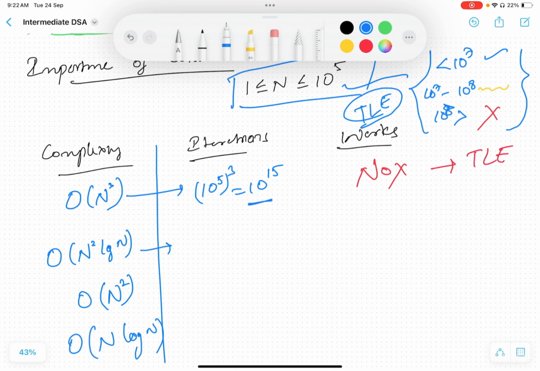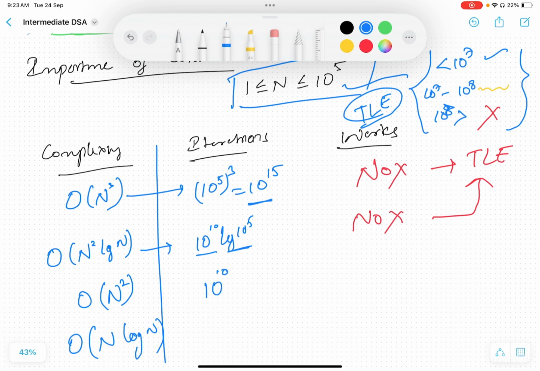Now, if your approach is order of n square log n, if you substitute here, it is 10 power 10 log 10 power 5. That is 10 power 10 times something, which is always greater than 10 power 8. So this also won't work. You will end up having time limit exceeded.